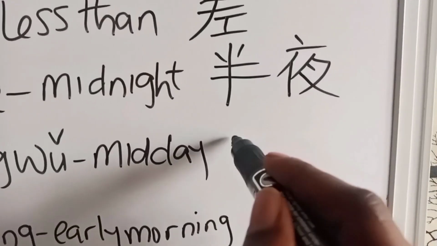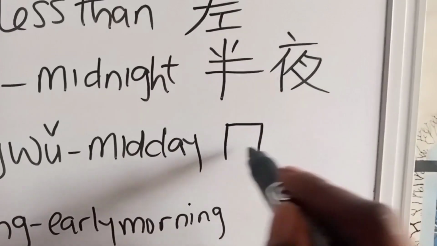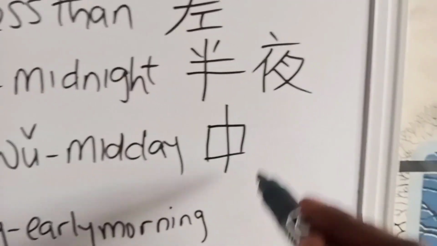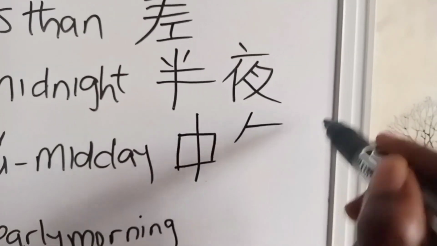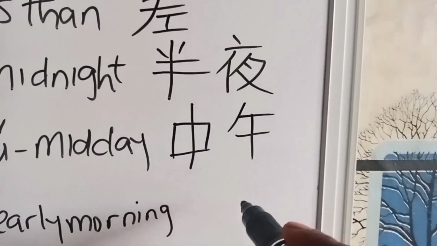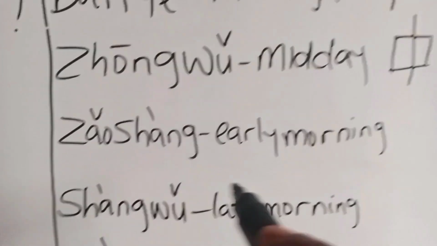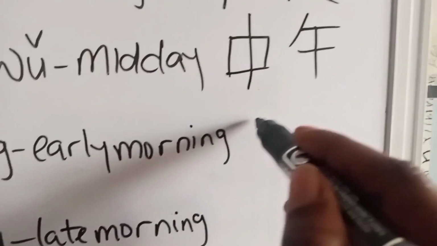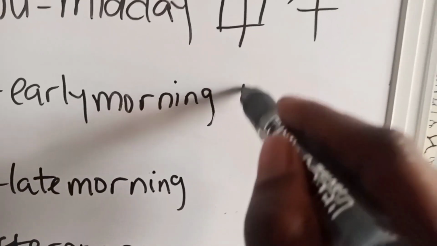Zhong Wu, Zhong. This is Zhong. Then Wu is like this. After doing this, you write 10. You remember 10? You write 10. That's Zhong Wu. This is Zhao Shang, early morning. So here is Zhao.